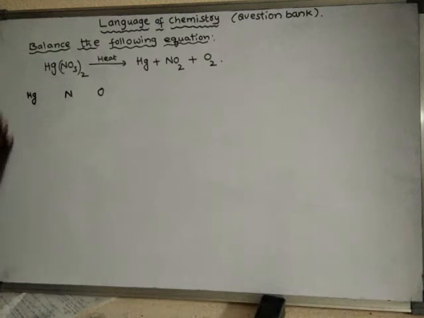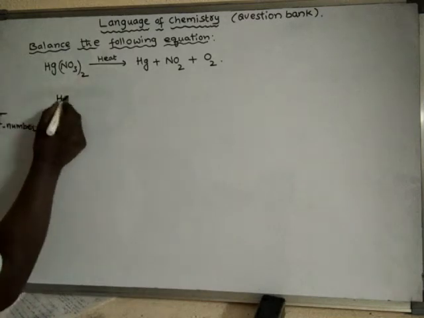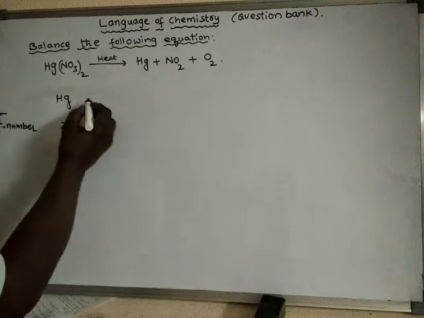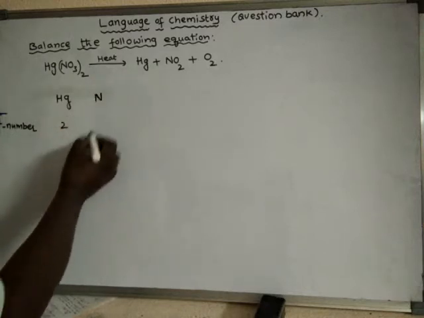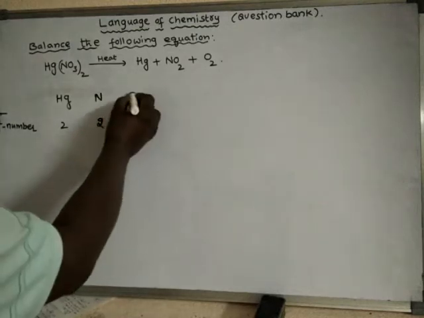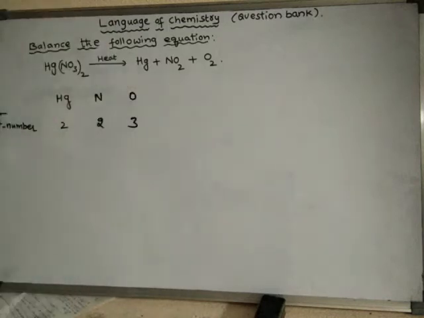Frequency number is also called the F number. So, the F number of mercury is 2, and nitrogen is also available at 2 places. The frequency number of nitrogen is also 2, and oxygen is available at 3 places.